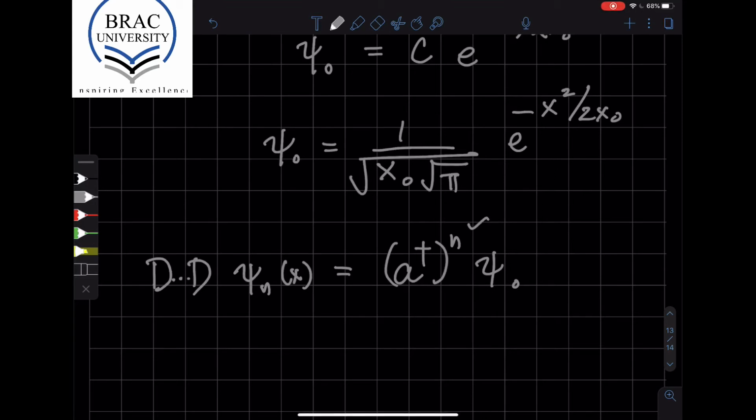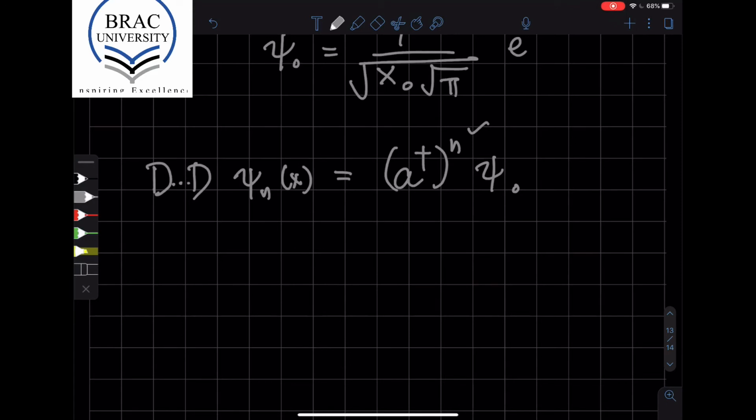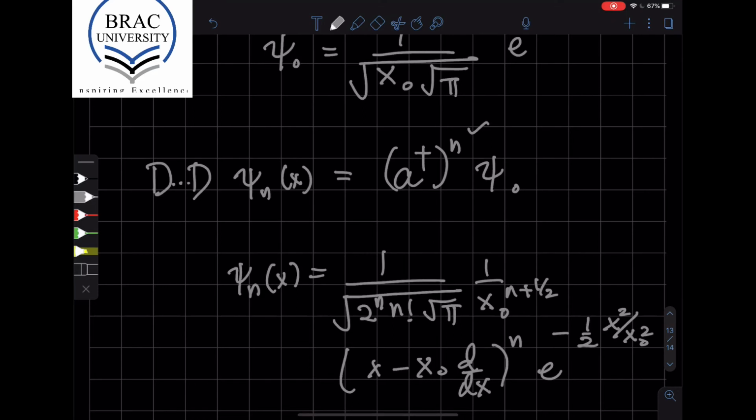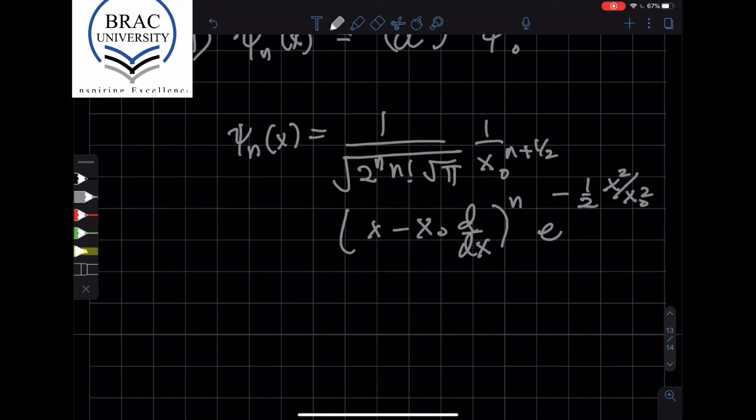If we are careful about this normalization constant, we find that psi n of x is equal to the square root of 1 over 2 to the power n, n factorial, root pi, times 1 over x0 to the power n plus half, times the differential operator x minus x0 squared d by dx acting n times on e to the power minus half x squared by x0 squared. So this gives us an expression to derive psi n.